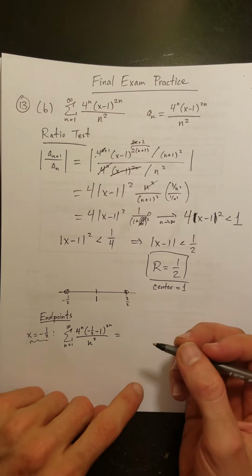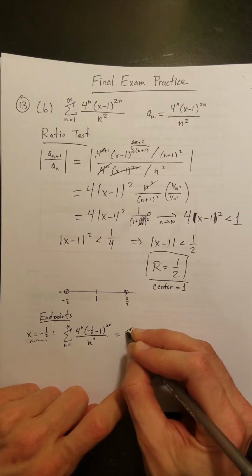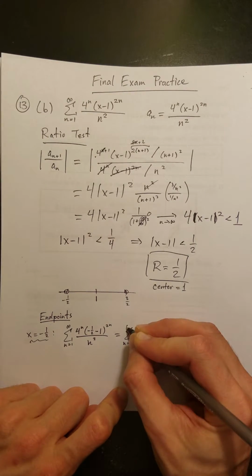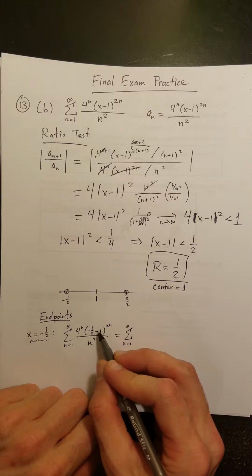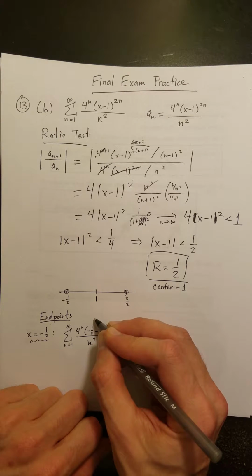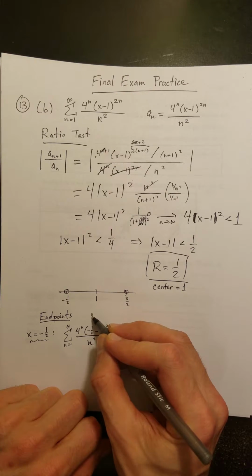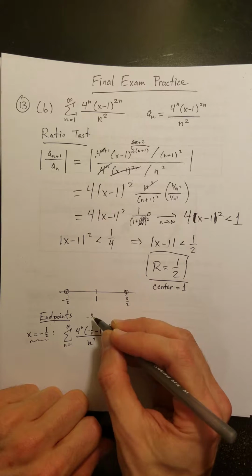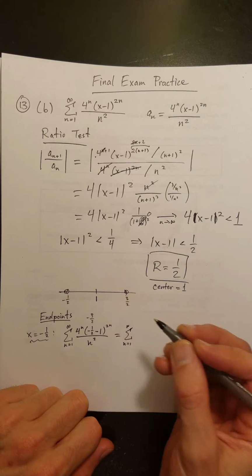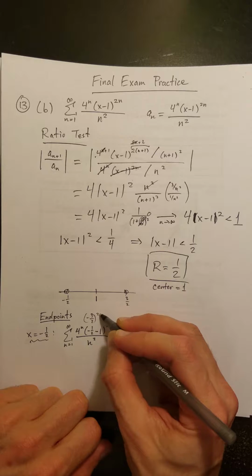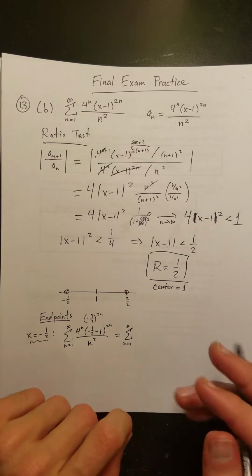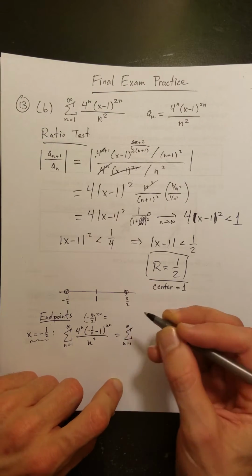And this is equal to, so in parentheses here we have 3/2 minus 1 to the power 2n.